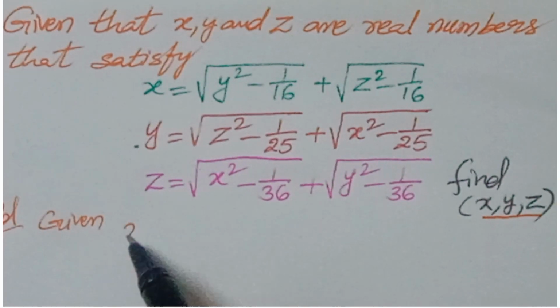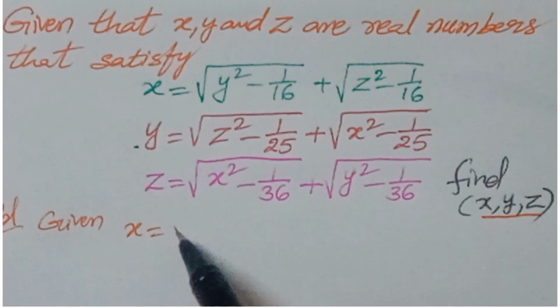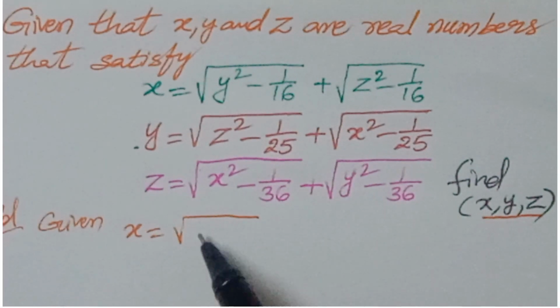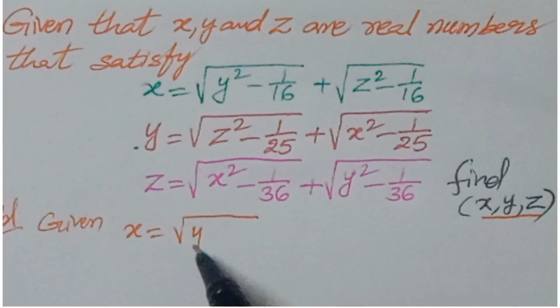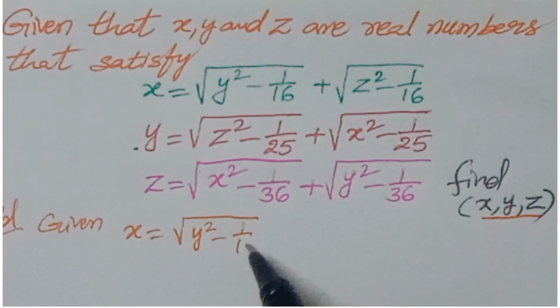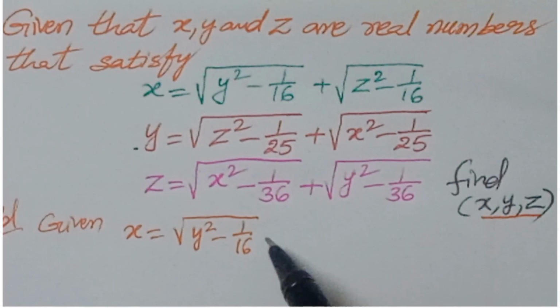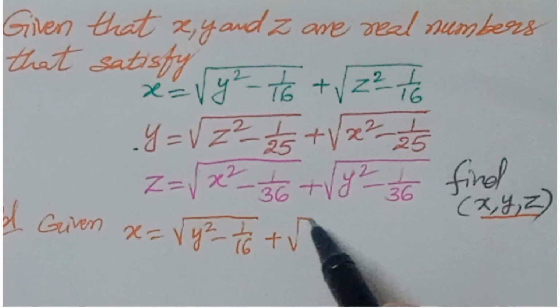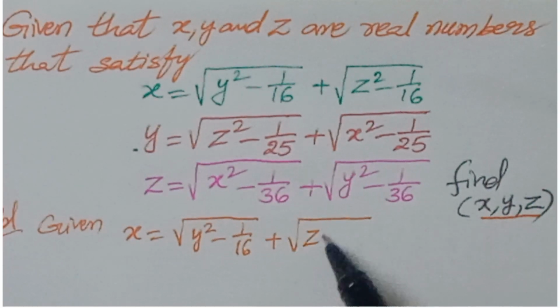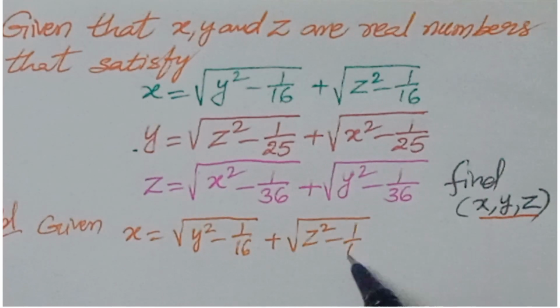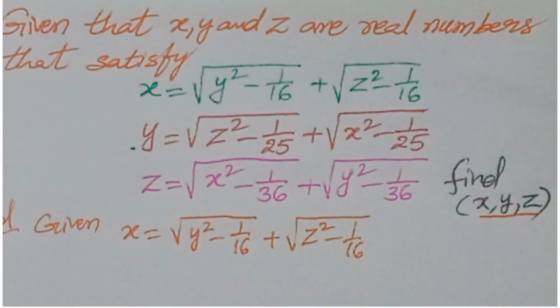Given x is equal to square root of y square minus 1 by 16 plus square root of z square minus 1 by 16. First of all, I want to solve this.